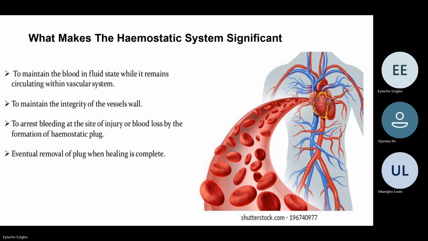So as clotting takes place during a process of injury or healing, it is also the hemostatic system that is responsible for remodeling, removing the plugs so that they will not also block the vessel wall. So these are some of the significance or importance of the hemostatic system. That's how they contribute to the normal physiology of the blood of the body.